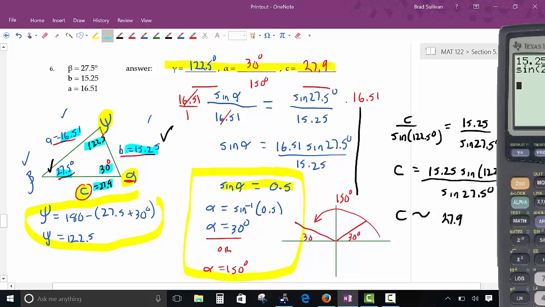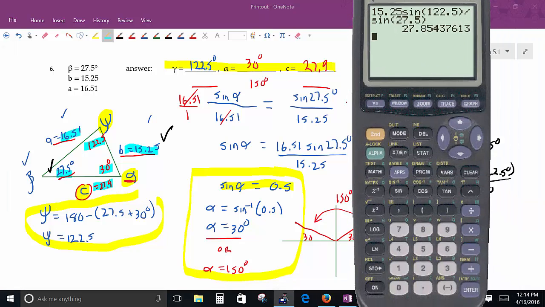You could go through and do a real quick check on this if you wanted to, which I always like to do. So I'm going to do 16.51, side A, divided by the sine of its opposite angle. And I'm going to do side B, which is 15.25, divided by the sine of its angle, which is 27.5.